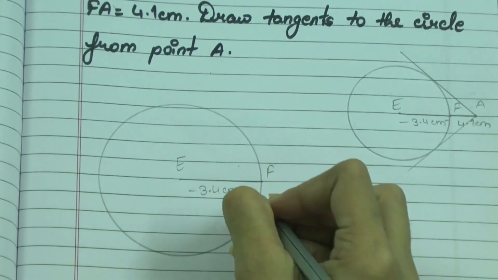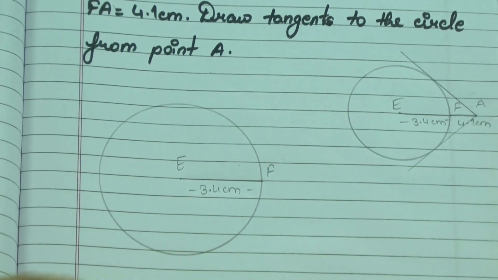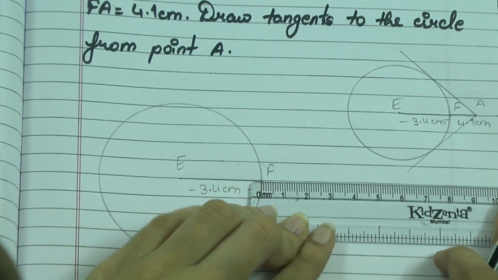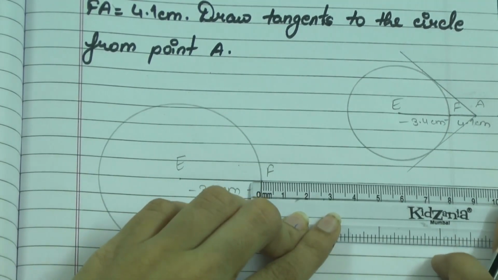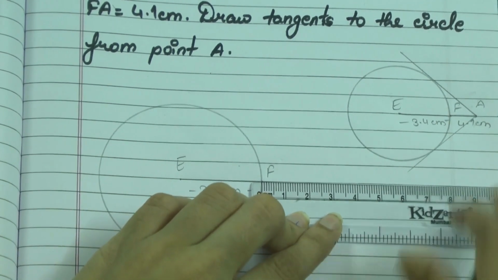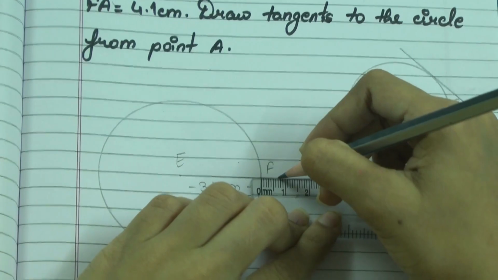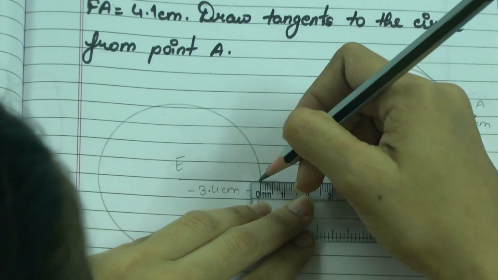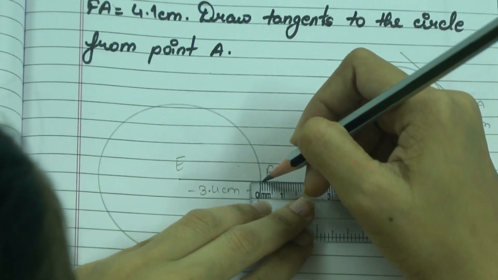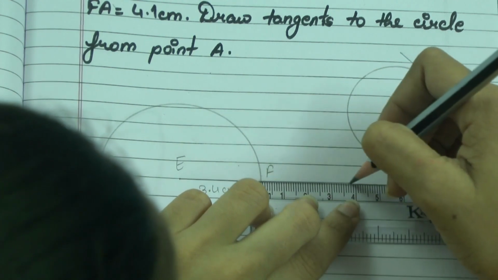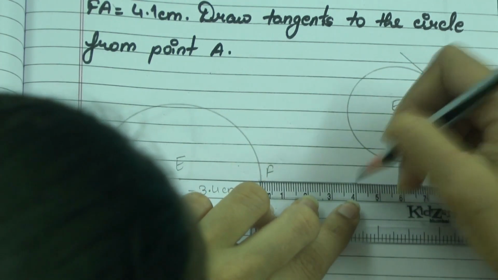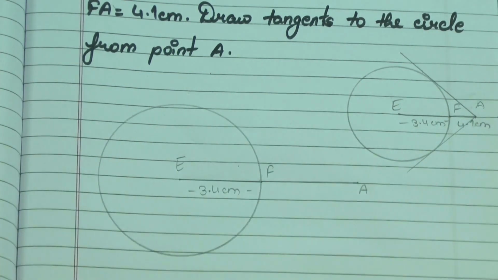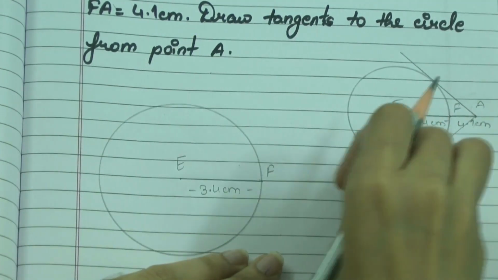Now from point F, take another point A at a distance of 4.1 from F. Keep the scale properly first. 4.1 only. Mark it A above the line, so that we can say they are collinear.